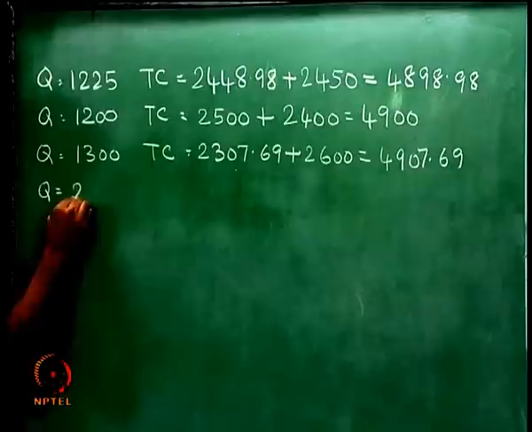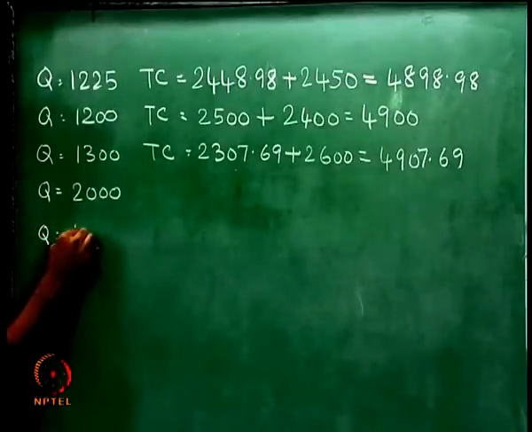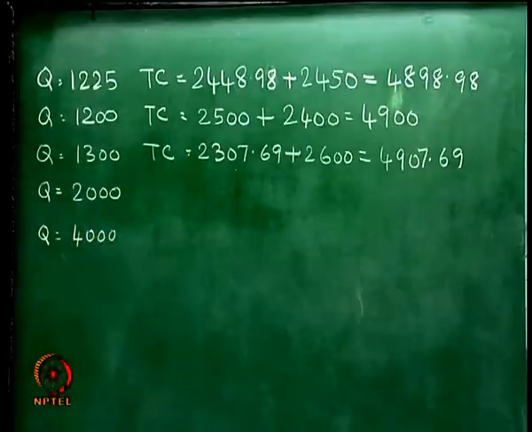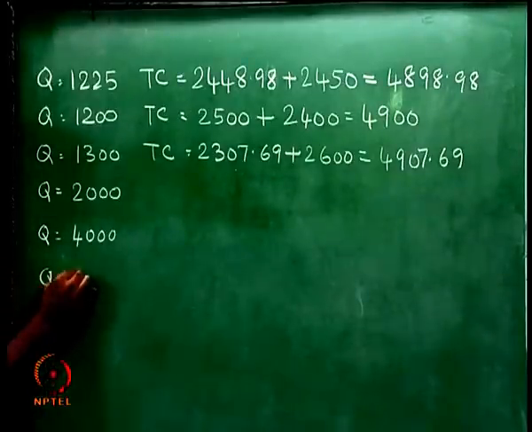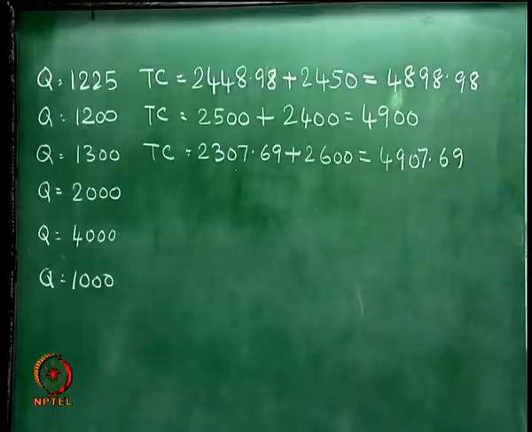Let us say the vendor can give only at 2000 and the vendor is giving at 4000. Now if the vendor is giving in multiples of 1000, let us say, then we are looking at say three numbers, q equal to 1000, q equal to 2000, let us say q equal to 4000.